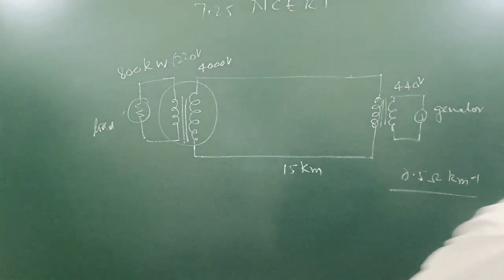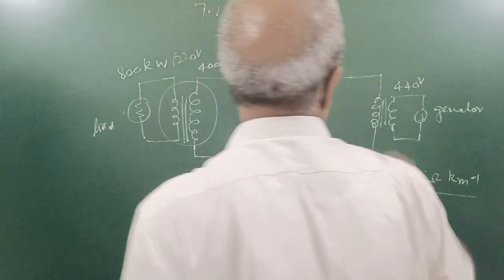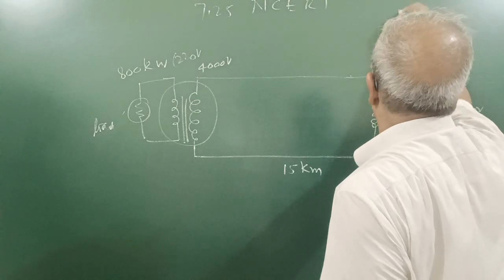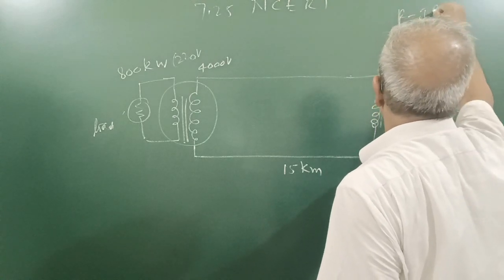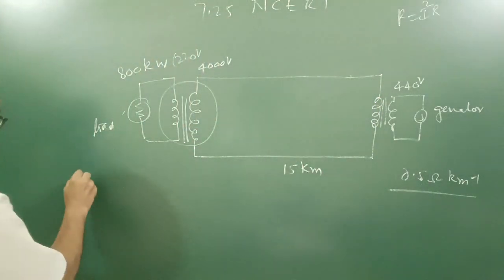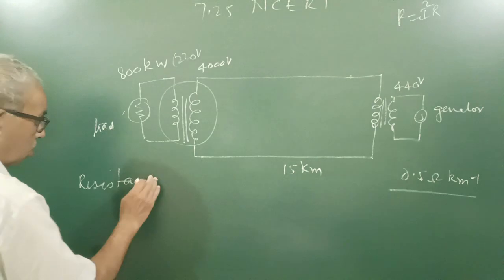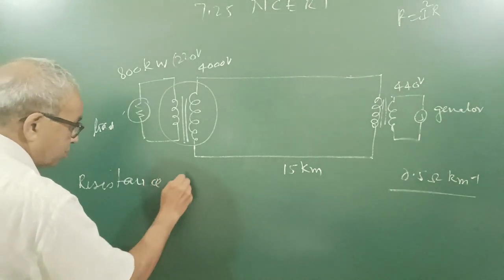To estimate the power loss, line power loss in the form of heat. तो line loss, heat loss, actual power is equal to I square R. So we need first of all the resistance of the line.